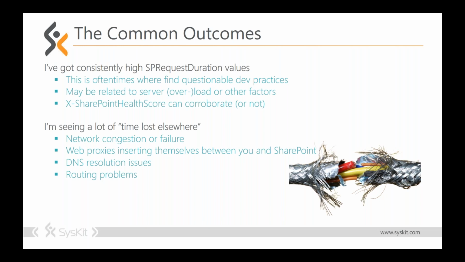Oftentimes, this is indicative of problems with your network or network congestion, because we're looking at time lost in latency. Might be routing related. Anytime you've got network load, this can dramatically increase the amount of time it takes to get to SharePoint and come back.